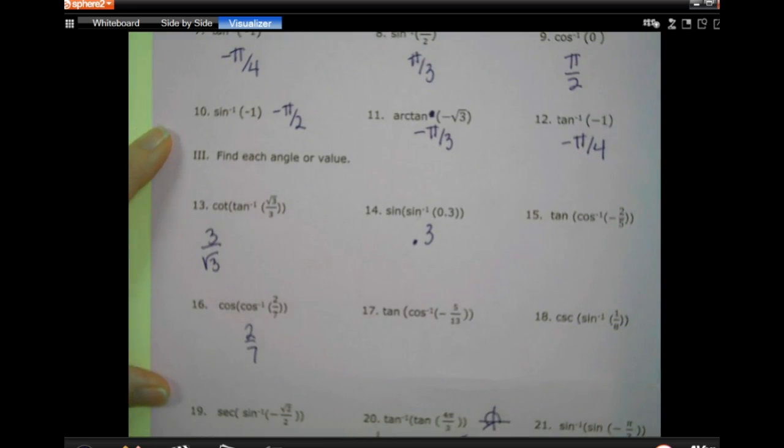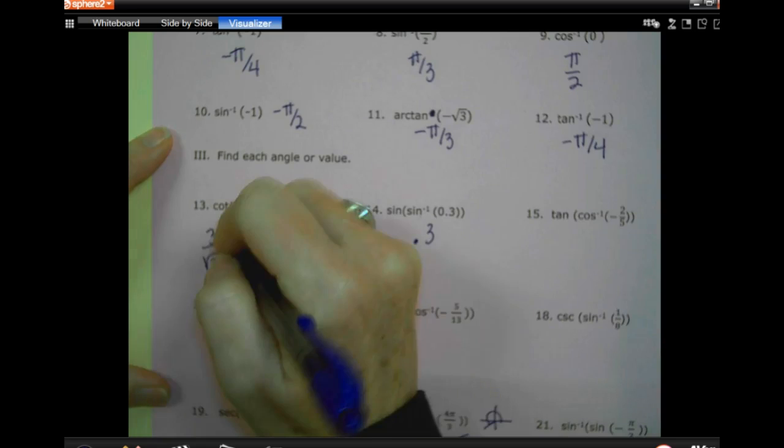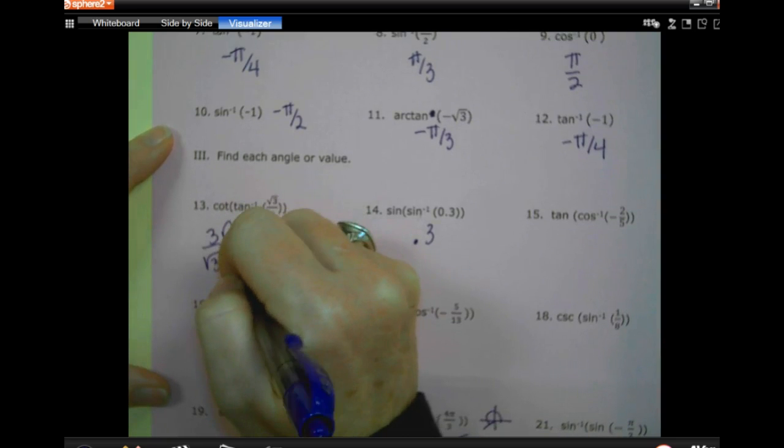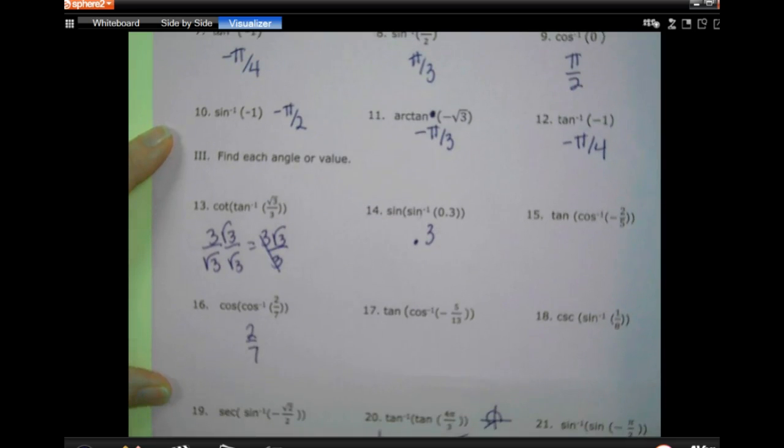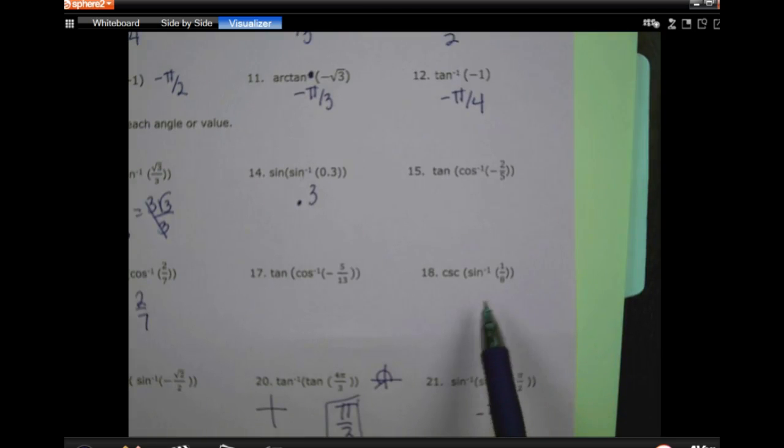Can I have a square root of 3 in my denominator? So I have to rationalize the denominator. And they cancel. Yes. And that's the answer. So, yes, it's just the square root of 3.